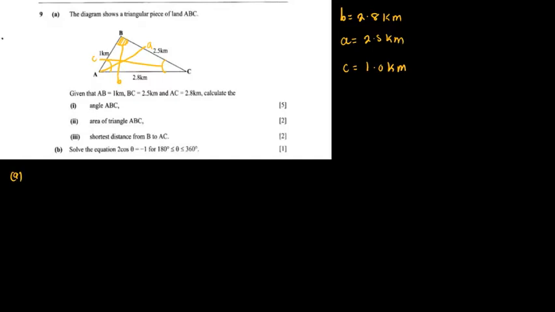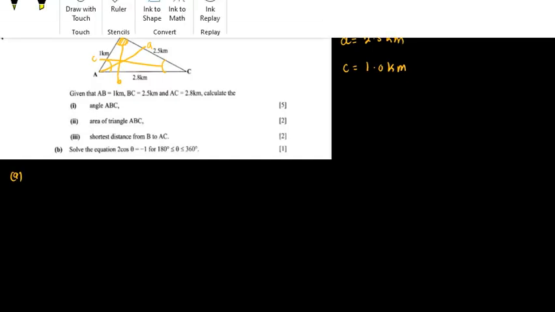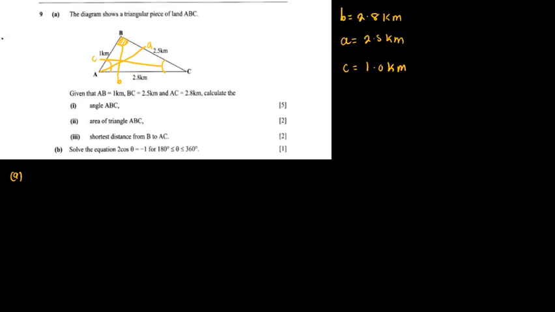Let me just try to change the color. I'll use white anyway. So this is going to be B squared equals A squared plus C squared minus 2. Then I repeat what I have, that is A, then C, then cosine of the angle.